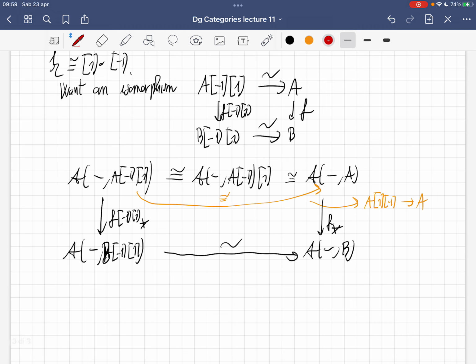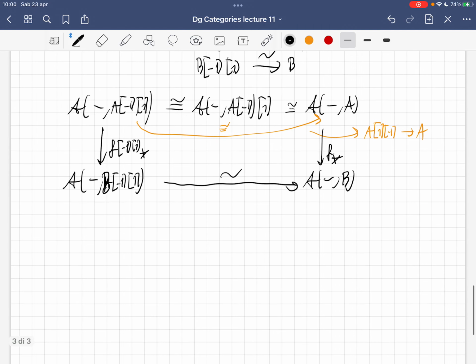If you look at the way it's defined, it's necessarily commutative, and the reason is the very way this is defined. As I said, you can check everything in more detail if you want, but the key thing to remember here is always use representability.